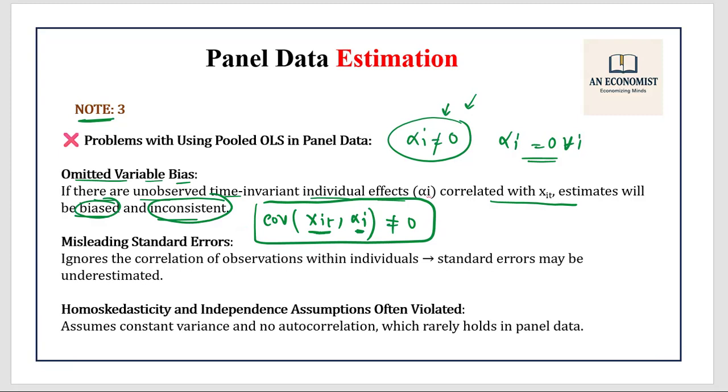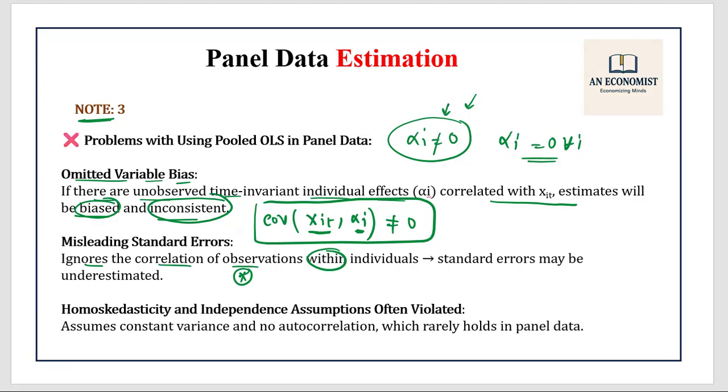Now, the second thing that can happen is that it ignores the correlation of observations within individuals. This is also an important point, which is the difference from the fixed effect model. Basically, within-individual differences are also not observed. So we have four different firms here, A, B, C, D. What happens if the production of firm A gets correlated with the production of firm B? There are multiple data points in A and B across different time points.